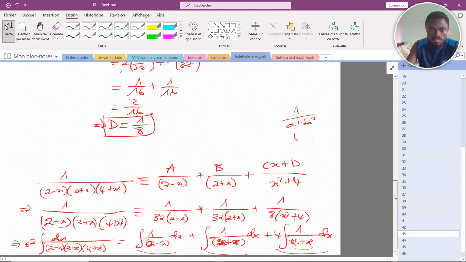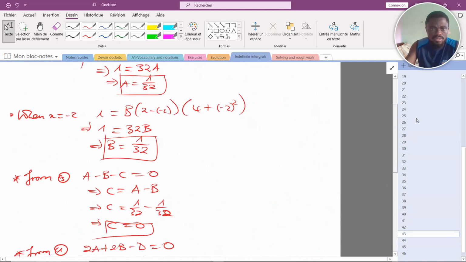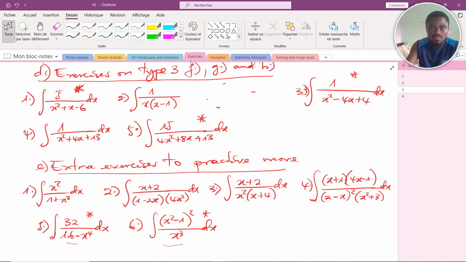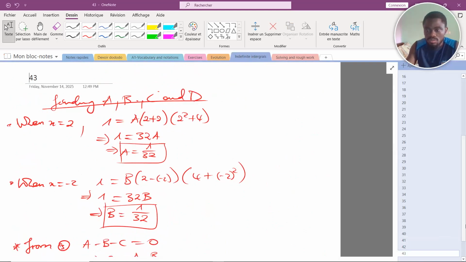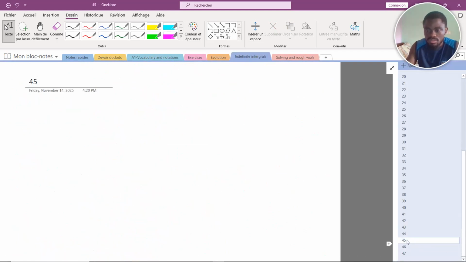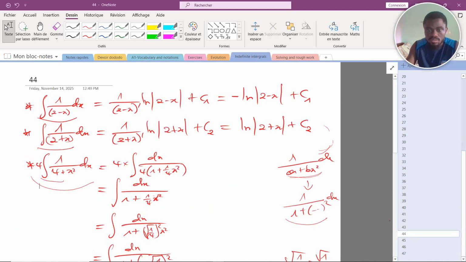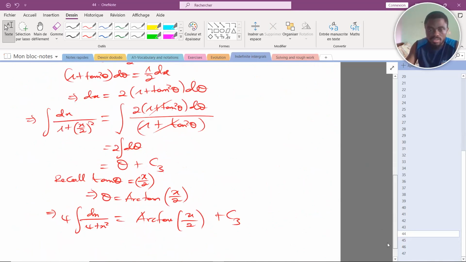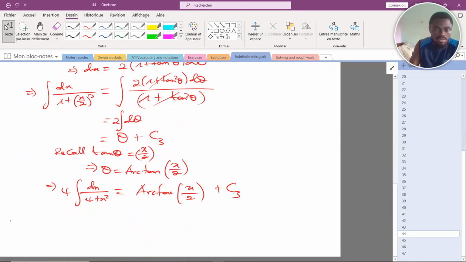So the integral we were asked to find was the integral of 32 over 16 minus x to the 4th dx.